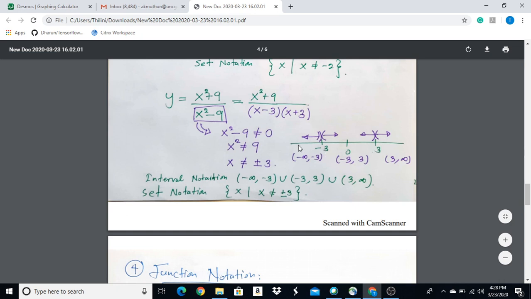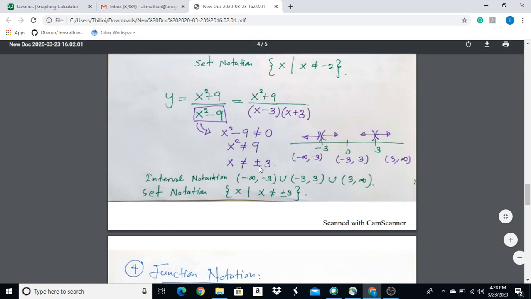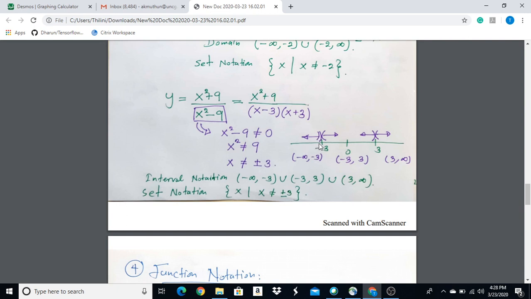We want to make sure that our x is not any of these numbers, negative 3 or positive 3. So I can take any number less than negative 3, on the left hand side of negative 3, and I can take any number between negative 3 and positive 3, and I can take any number greater than 3.